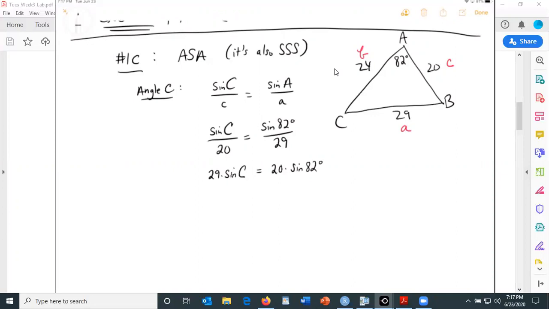And then we got to get sine of C by itself. Remember, sine of C is one whole function. All right, that whole thing is one piece. So I can only move over 29 by dividing. So if I divide both sides by 29, the 29's cancel, and I get the sine of angle C is equal to 20 times the sine of 82 over 29.